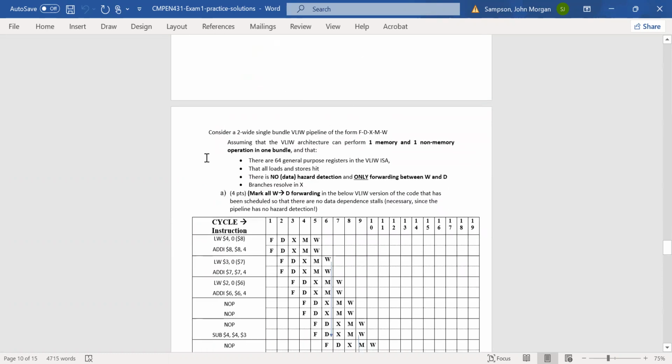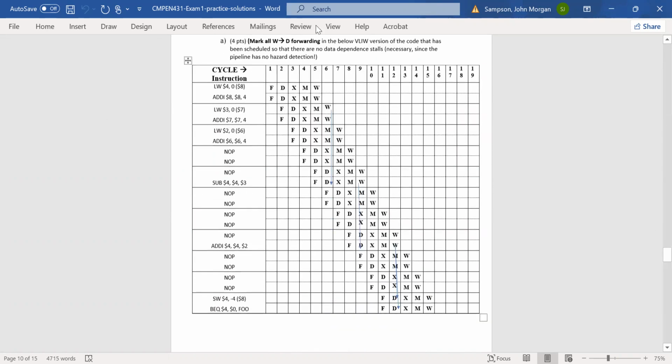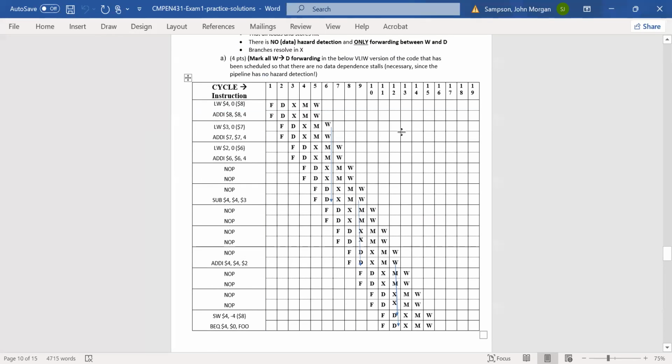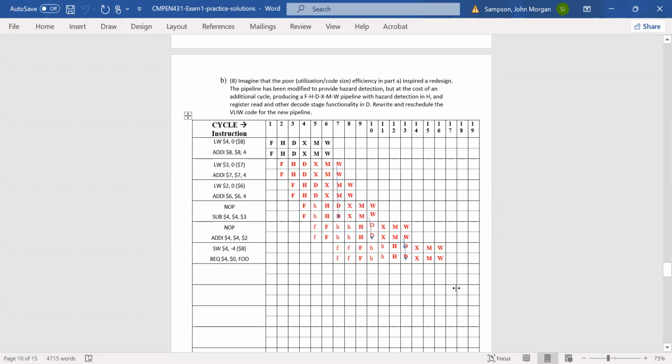So you see the same thing play out here. Here is a schedule, as you can see, full of no ops. Same sort of setup. You can see the forwarding actually happening here, and here the actual dependence is playing out. Even if I say, look, I want to do hardware detection for this, I'm still stuck with this forwarding model, and it doesn't get particularly better from a scheduling perspective.